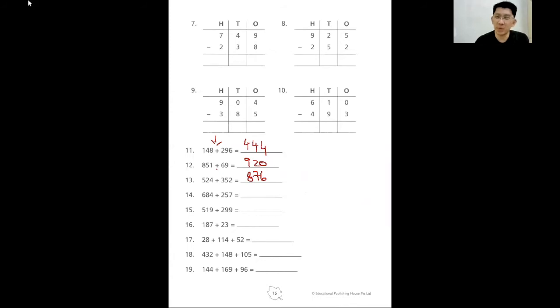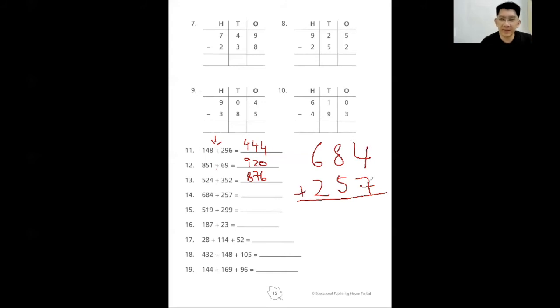So number 14. 684. That's what I'm going to write down here. And then 257. And then a line. And what operation is that? Plus, addition.